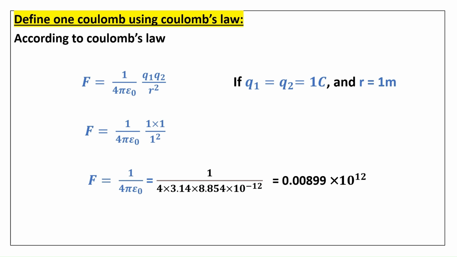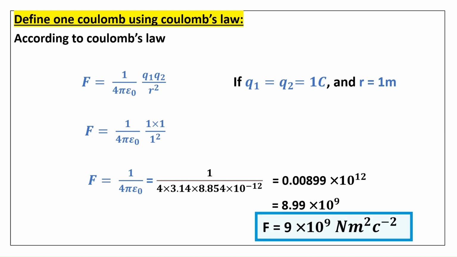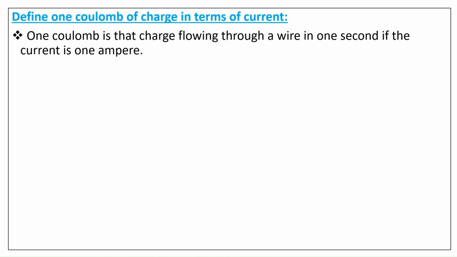On substituting the value of 1 by 4 pi epsilon naught, the final answer is 9 into 10 to the power 9 Newton. Define 1 Coulomb of charge in terms of current: 1 Coulomb is the charge flowing through a wire in 1 second if the current is 1 ampere.